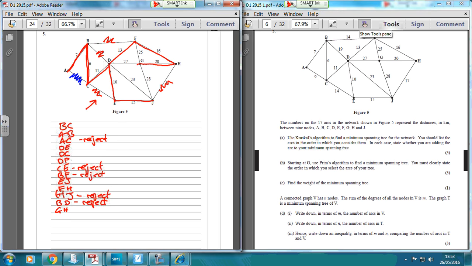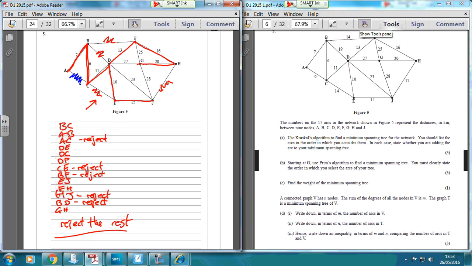And that is our minimum spanning tree. And what you could then do is list the rest of them and say that you reject them, but you don't need to do that. They're only looking at this. Or you might want to say reject the rest, because they'll all make loops.